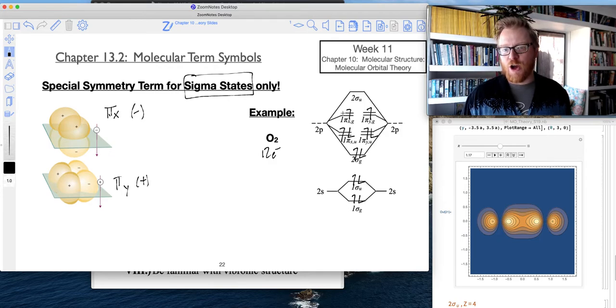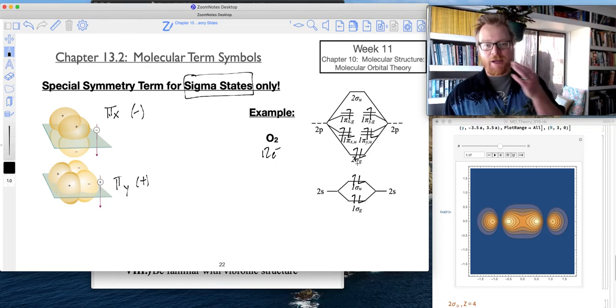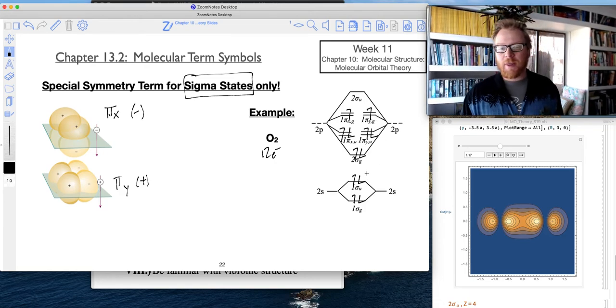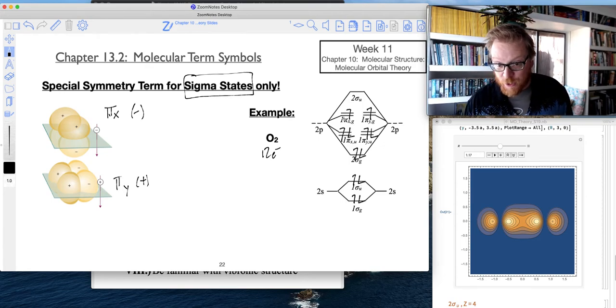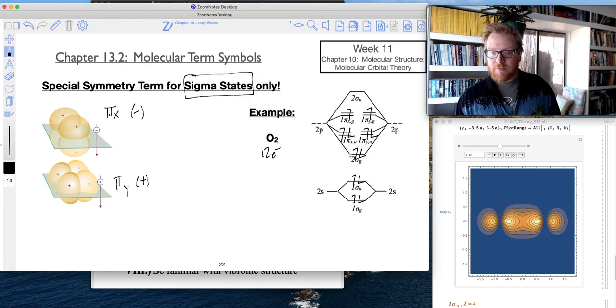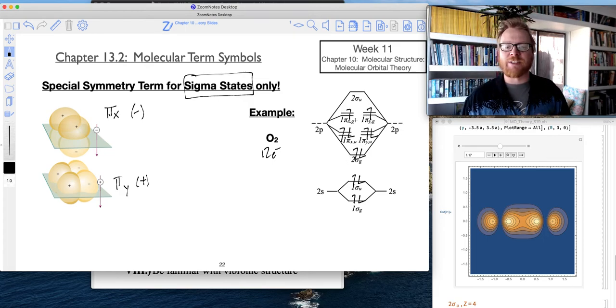You notice that I made a triplet state out of this because remember, one of Hund's rules: if 2 different degenerate orbitals exist, and that's what we have here with the 1 pi xg and the 1 pi yg, the lowest energy configuration is achieved with the triplet state.